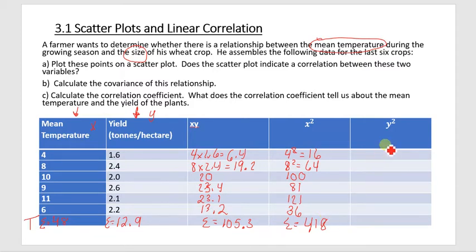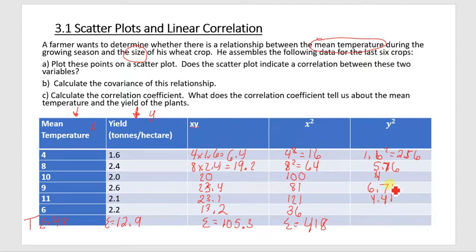Same thing for y squared. 1.6 squared, I get 2.56. 2.4 squared, I get 5.76. 2 squared, I just get 4. 2.6 squared, 6.76. 2.1, I get 4.41.